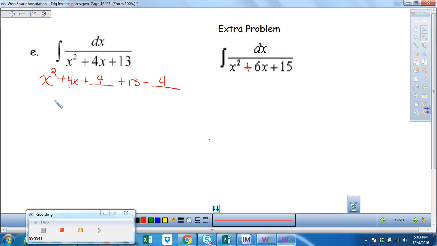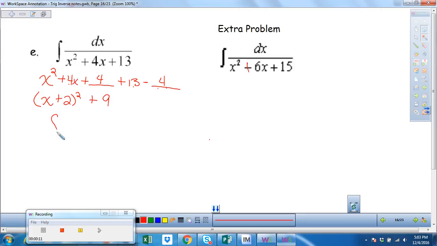So this becomes x squared, and factoring this, this becomes x plus 2 squared. If I were to factor that, I get x plus 2 times x plus 2. And 13 minus 4 is 9.